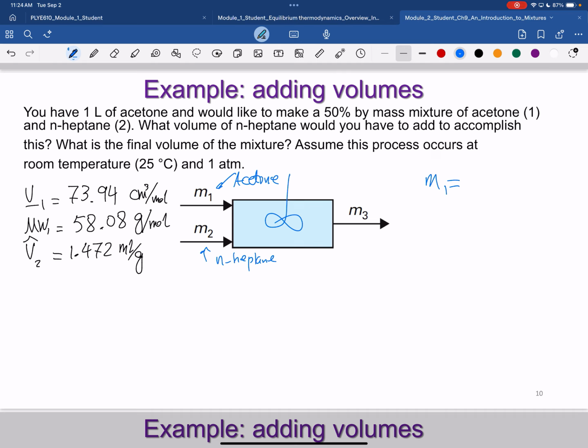We need the molar volume, because we know we have a liter of acetone, so we need to know how many moles are in that. Do we have the molar volume of acetone here? I don't think so. V1, I have given you over there. Oh, V1 right there. Yeah. There it is. So since a centimeter cubed is just a milliliter, we can just take the.